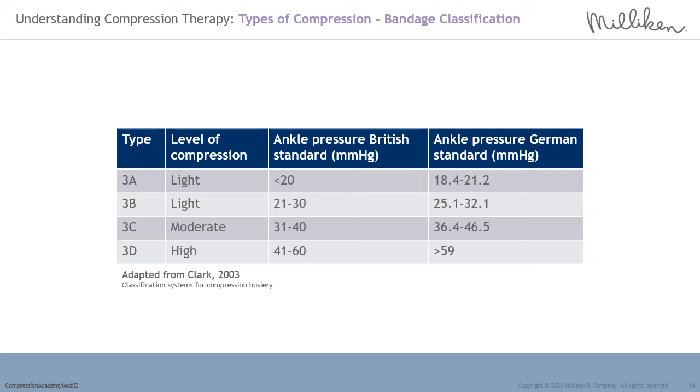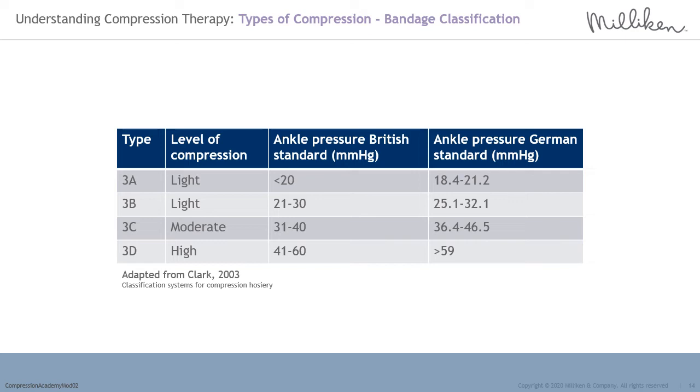Type 3A are light compression bandages and deliver ankle pressure profiles, British standard less than 20 and German 18.4 to 21.2 millimetres of mercury pressure. Type 3B are light, also termed moderate in British standards, compression bandages and deliver ankle pressure profiles, British standard 21 to 30 and German 25.1 to 32.1 millimetres of mercury pressure.